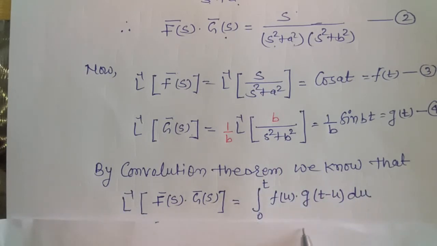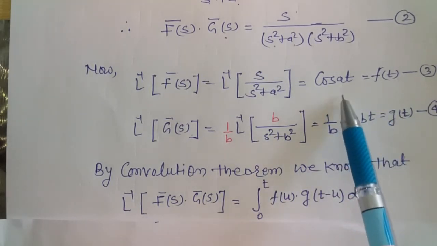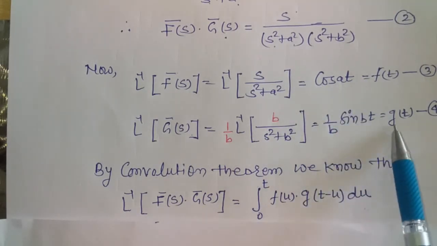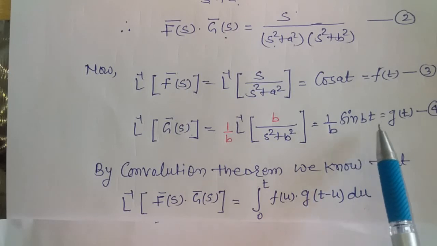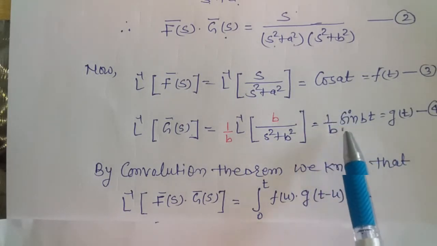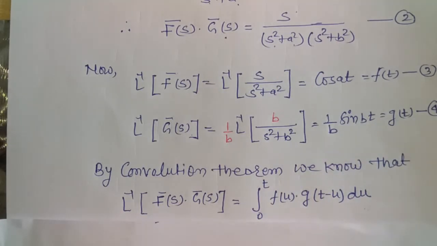This integral gives the inverse Laplace transform of f bar s into g bar s. Here f of t is cos at, so f of u is cos au, and g of t is 1 upon b sin bt, so g of t minus u is 1 upon b sin b into (t minus u).